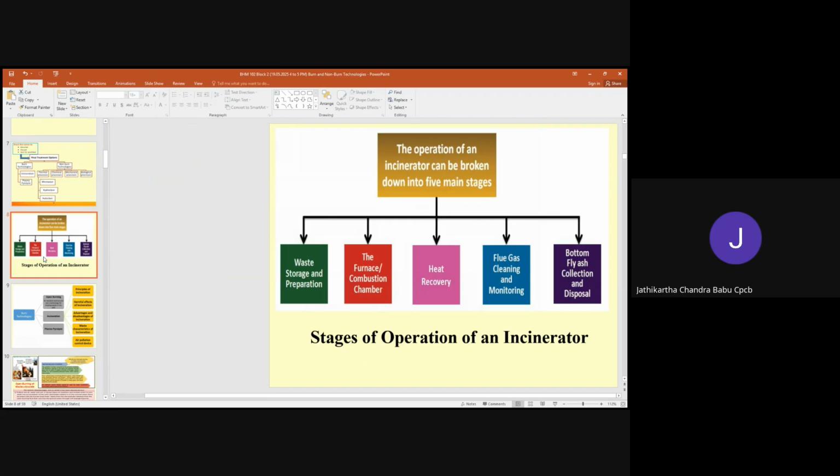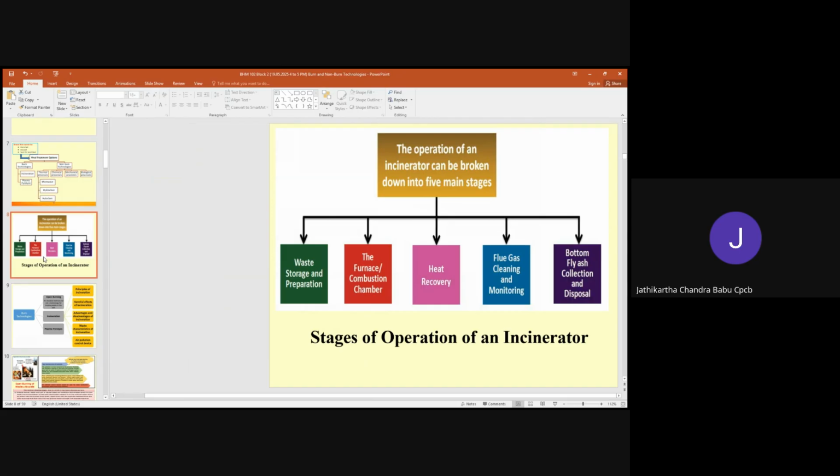There are 2 types of chambers, primary and secondary. In the primary chamber, the waste is charged, where it undergoes heat treatment, and you use fuel and air as the requisites for proper burning.